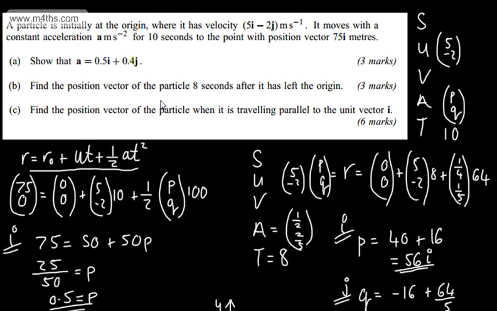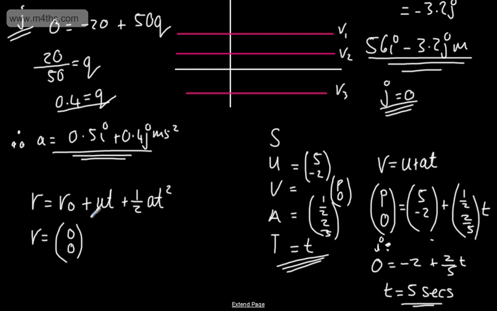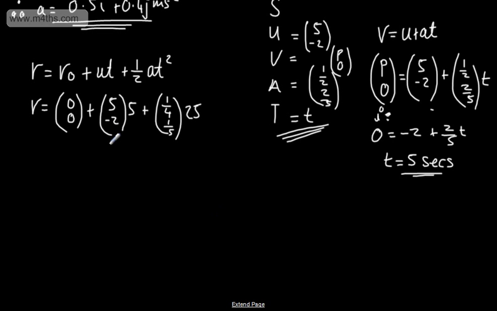Then I've got my value for t, so we're going to have plus u, which is 5, negative 2 multiplied by the 5, plus 1/2 of the acceleration, which is 1/2, 2/5, multiplied by the time squared, which is 25. T is 5, t squared is 25. So we can say r is just given as p, q. You might want to do something else if you've used p before. I'm just going to put it here.